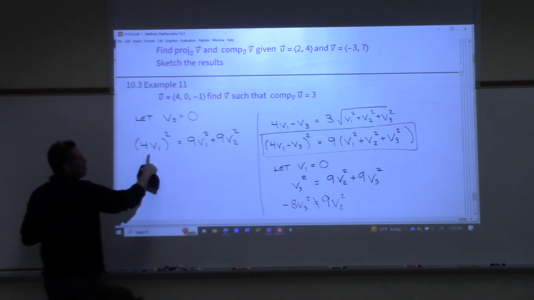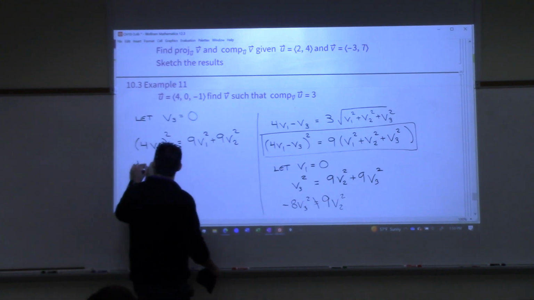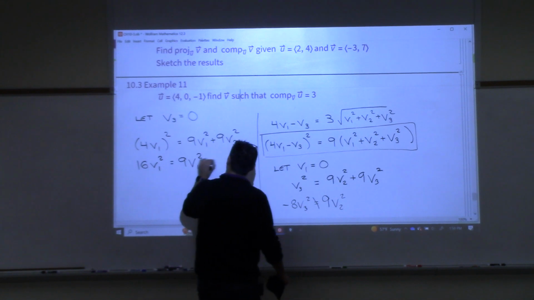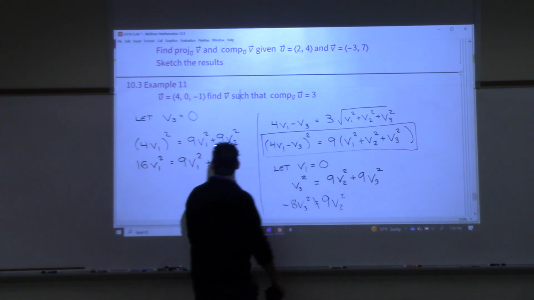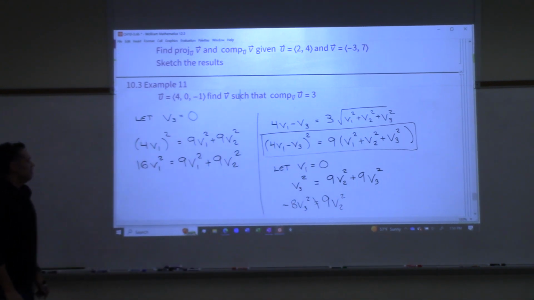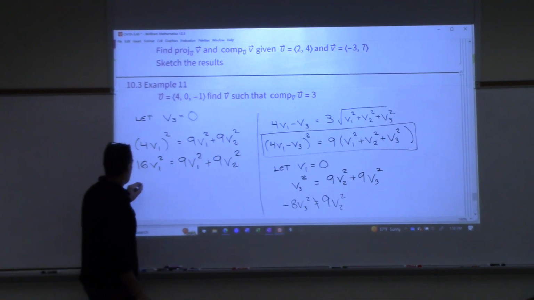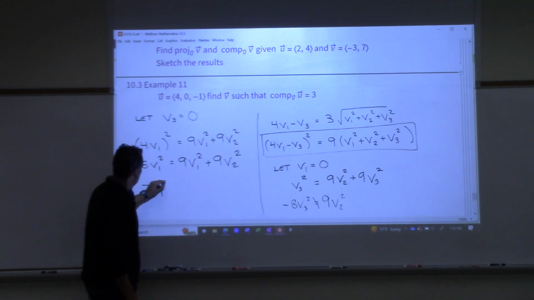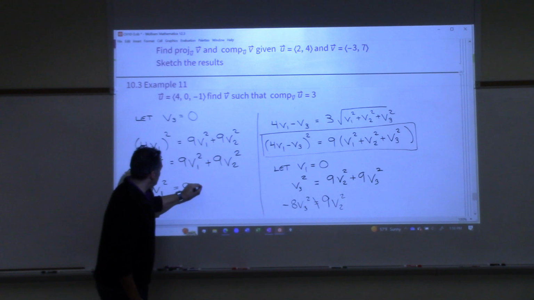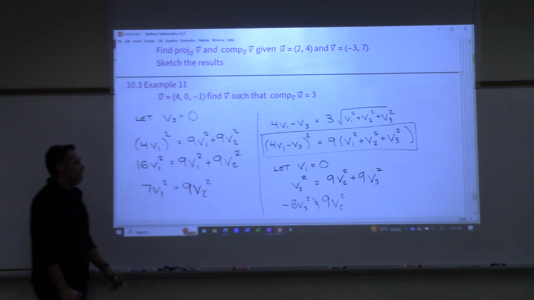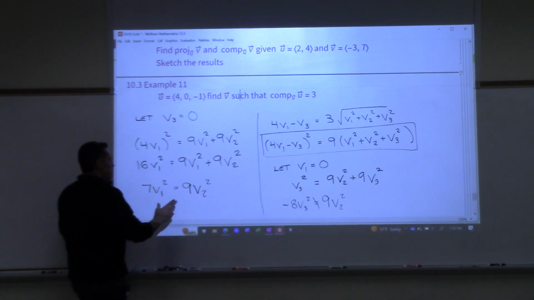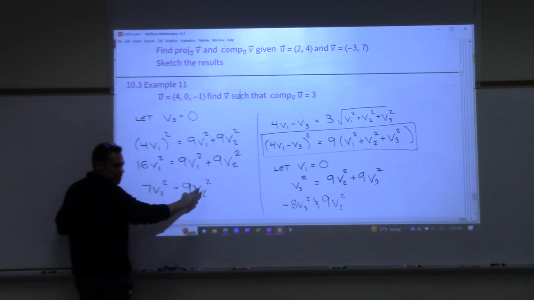All right, so here we're going to square this, right? So we get 16 v1 squared. And then this, right? Now, look, if I move my v1s to one side, how many v1s will I have here? 7 v1 squared equals 9 v2 squared. And hey, this will work this time, because this is not ever going to give me negative equals positive.